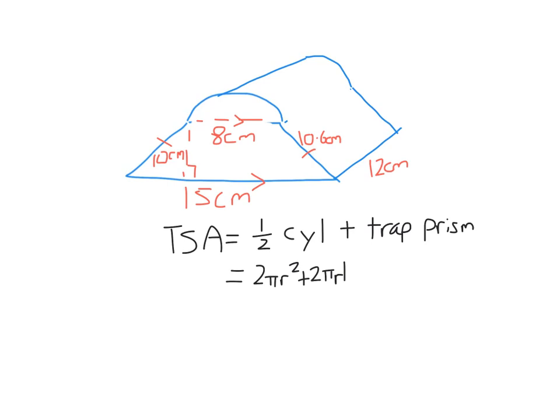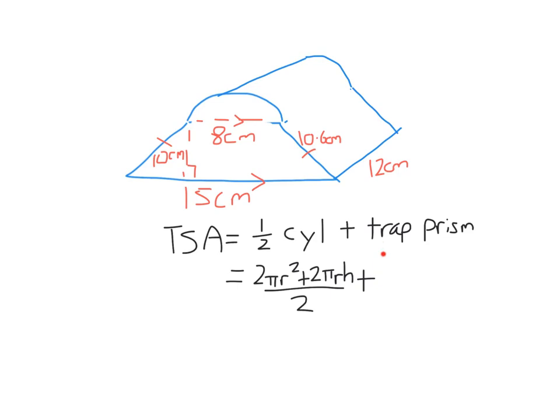That's the formula for a full cylinder. For half a cylinder, we're just going to divide it by 2. Now we're going to find the surface area of the trapezoidal prism. Note, we don't include the bottom of the half cylinder or the top of the trapezoidal prism. Total surface area only is the sum of the areas of exposed faces, faces on the surface, hence why it's called surface area.